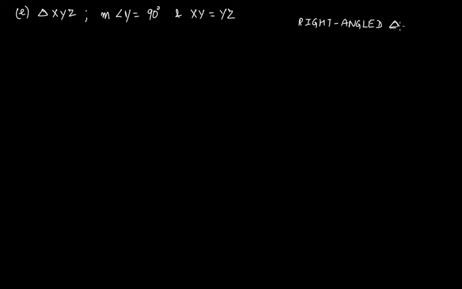But here you have a second condition also given, that XY is equal to YZ. Now this portion of the condition of this question tells you that it's a right angled triangle, but this tells you that two of this triangle's sides are equal. Therefore, surely it will be an isosceles triangle.